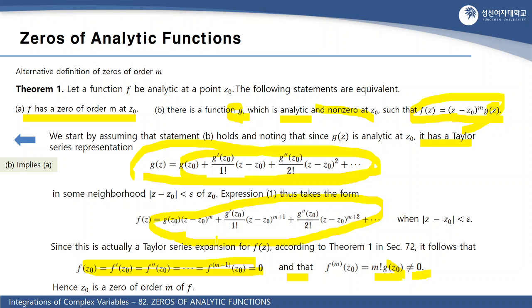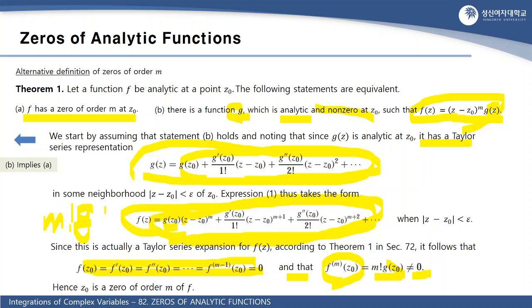Okay. When we compute the m-th derivative of f at z0, then from this expansion, we get m factorial times g(z0). So for the m-th derivative of f at z0, the other terms go to 0, and we get this term only here, which is non-zero.